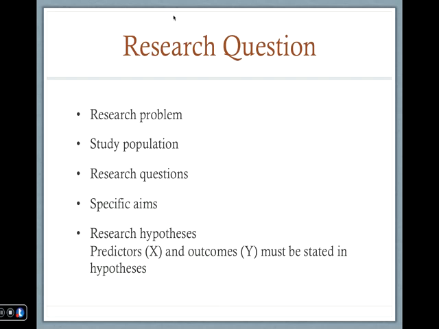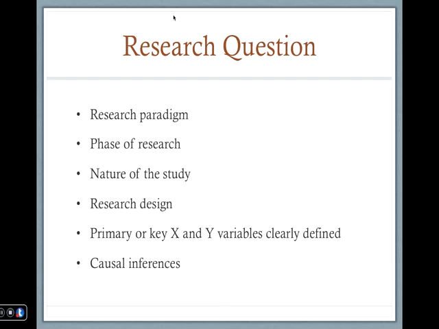We're going to come up with research questions that have specific aims, and typically the research hypothesis has a predictor variable, that's usually X, and an outcome variable, that's usually Y, and that must be stated in the hypothesis.